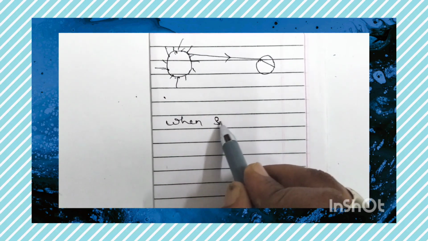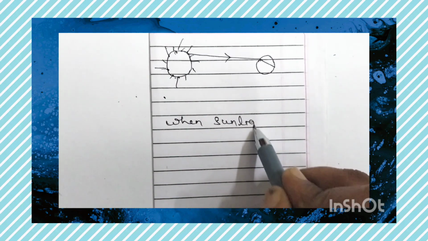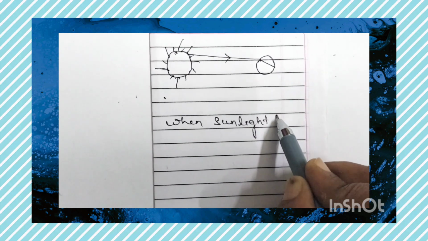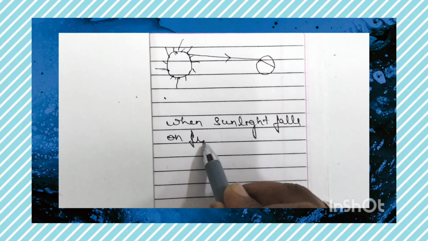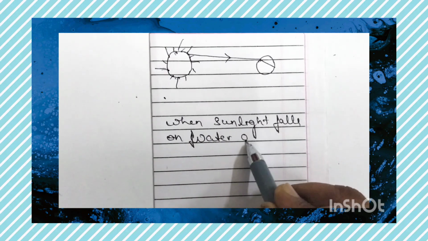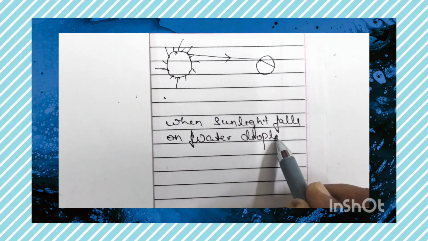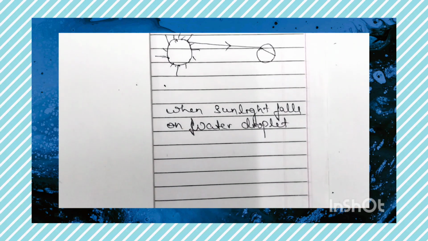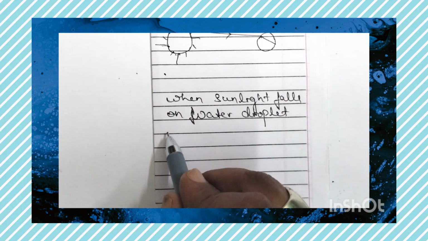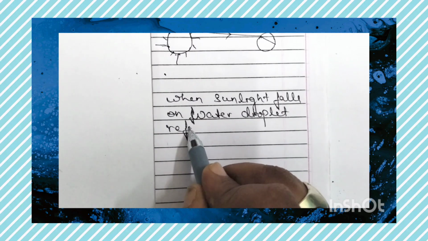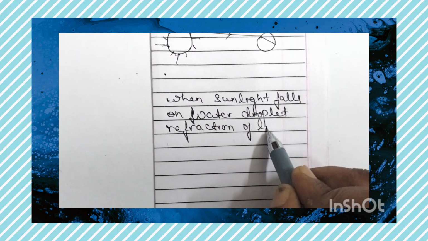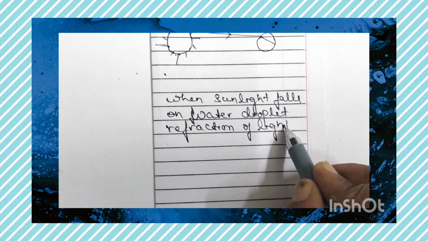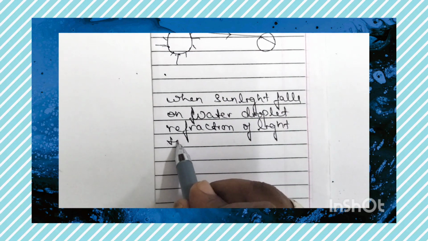When sunlight falls on water droplet, refraction of light takes place.